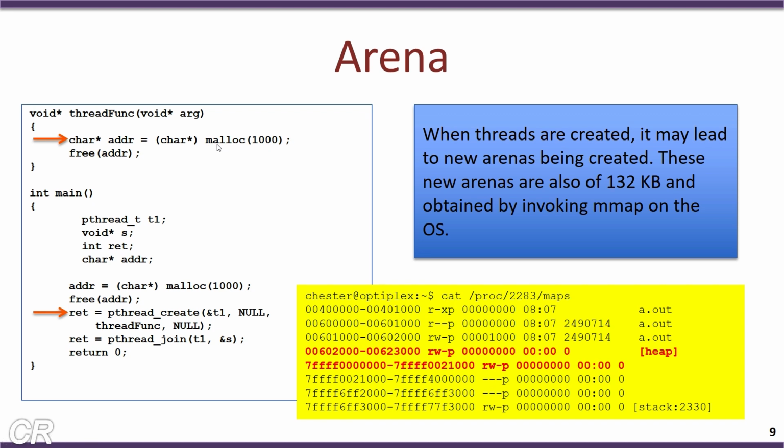Within this thread, the first invocation to malloc would again invoke the operating system through the mmap system call and obtain another 132 kilobytes.